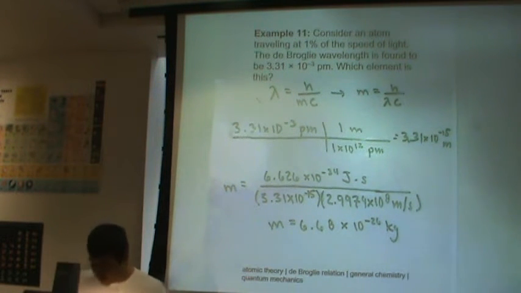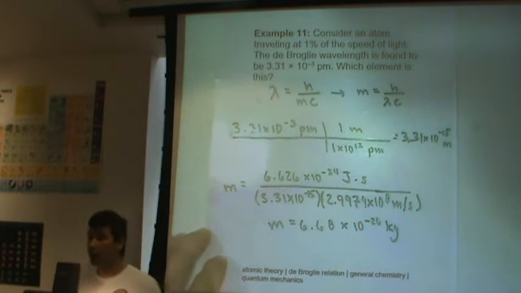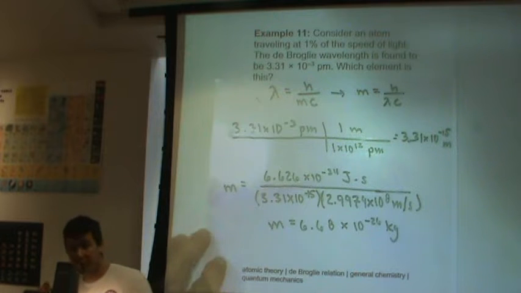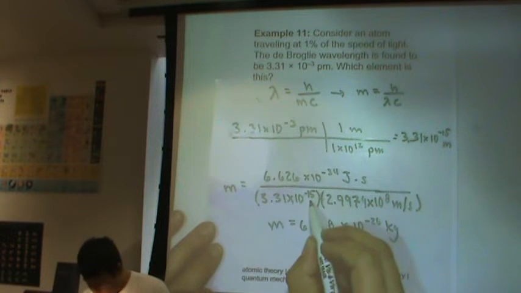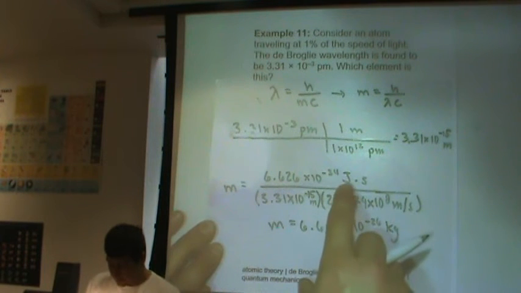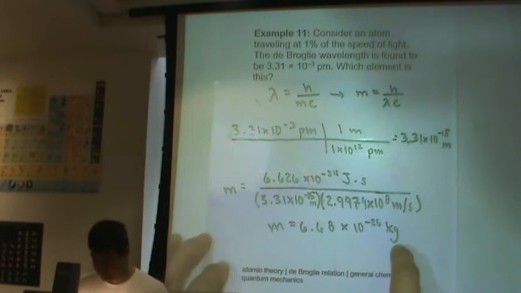And the reason it's kilograms and not grams is because a joule is kilograms meters squared per second squared. So if you were to write down the SI units for a joule, everything will cancel out and you'll be left with just kilograms.